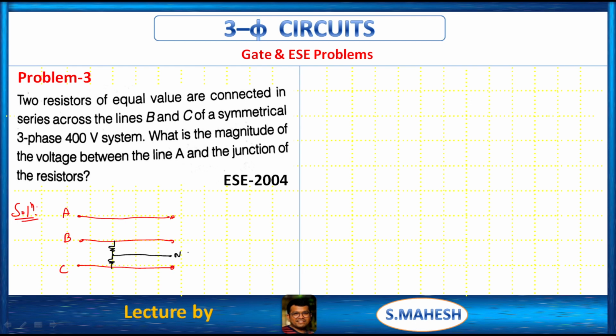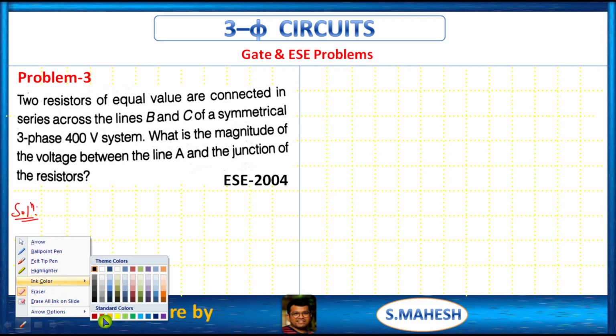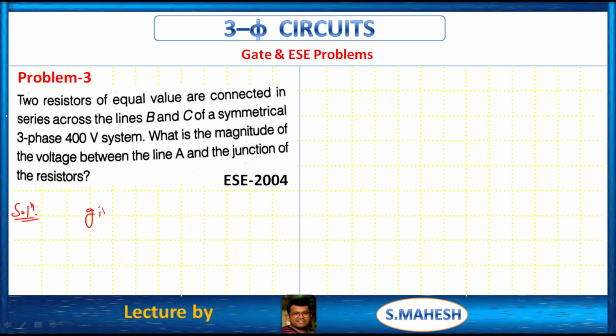Let us say this is N, okay? He provided that this is what? Given that 400 is the line to line voltage. Then what about this voltage? Let us draw in a phasor diagram, okay? Before that we have to write, given V line to line is what? 400 volts.